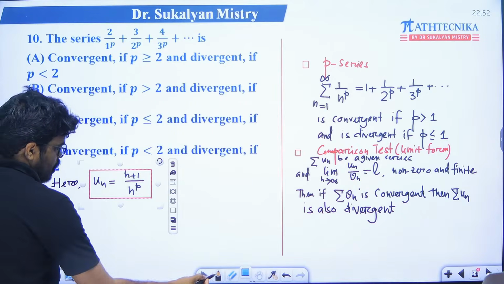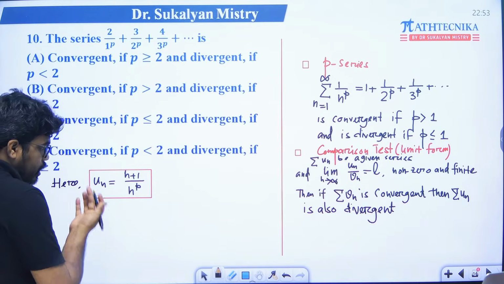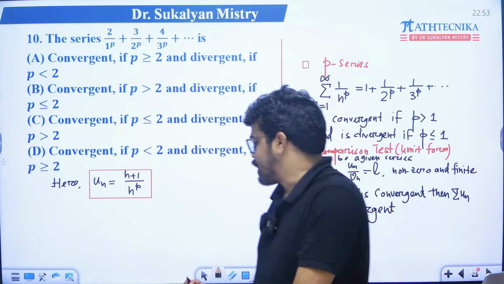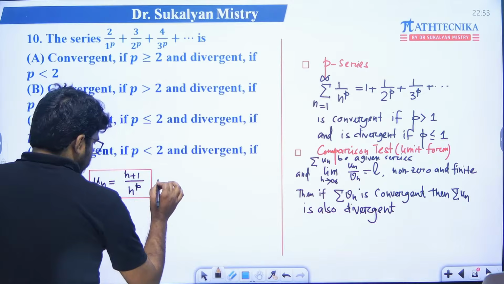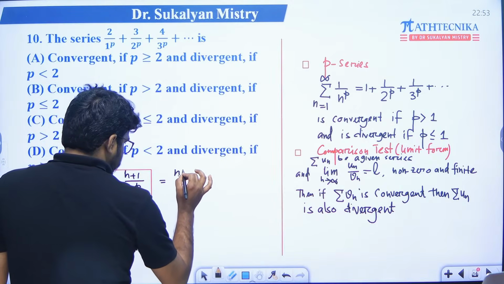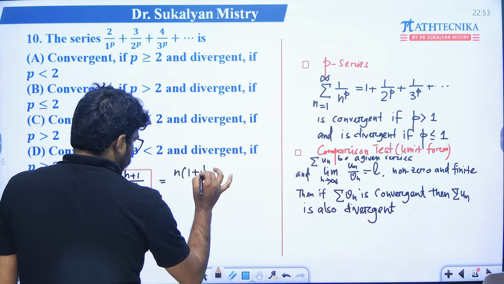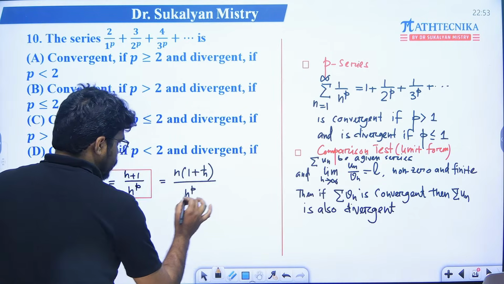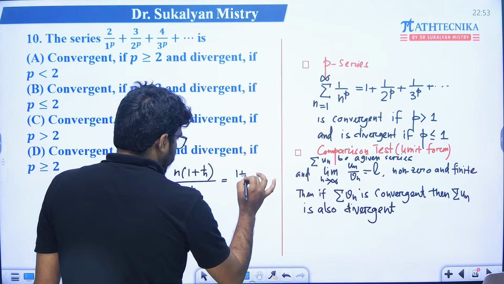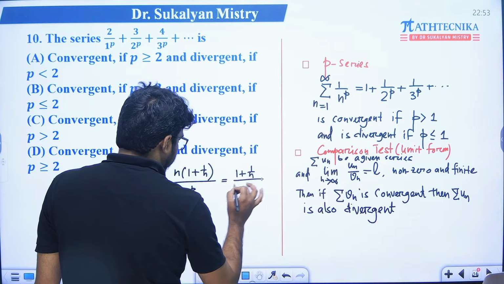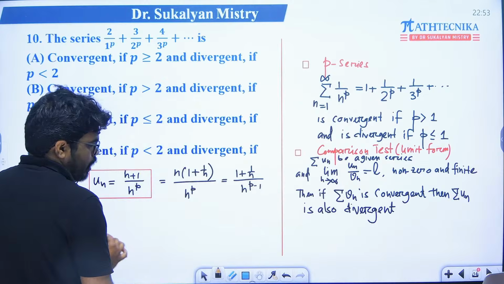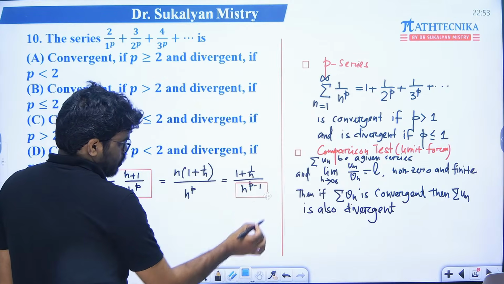ঠিক, এবার দেখো vn আমি ক্যালকুলেট করব। টেকনিকটা কি? জাস্ট ইউ টেক n কমন. If you take n common, we get 1 plus 1 by n divided by n to the power p. So ultimately what we get is 1 plus 1 by n divided by n to the power p minus 1. ঠিক, এবার এটাকে তুমি vn কনসিডার করবে.